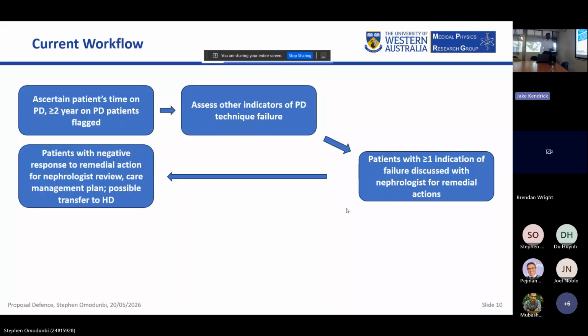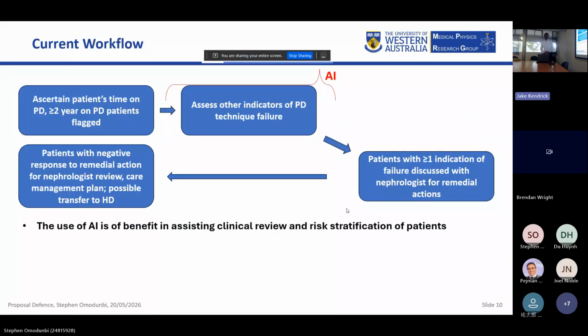And if a patient responds negatively to remedial actions, a care management plan might be made, and they may transfer to HD. So really the AI comes in here between those first and third steps, with the assessment of indicators of PD technique failure, being able to assist with clinical review and risk stratification of patients.